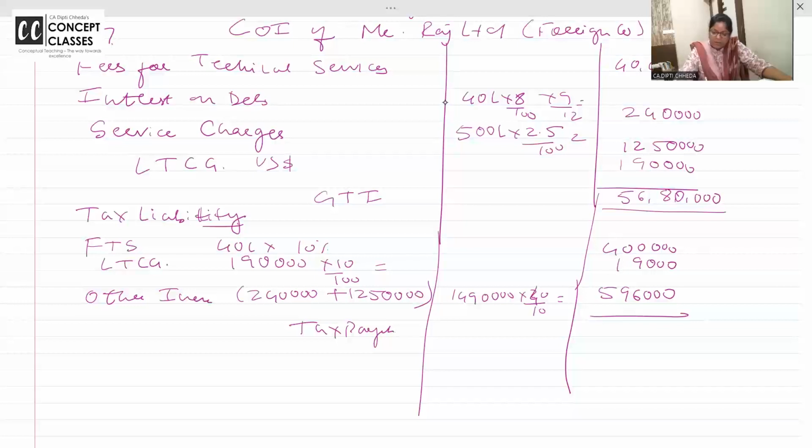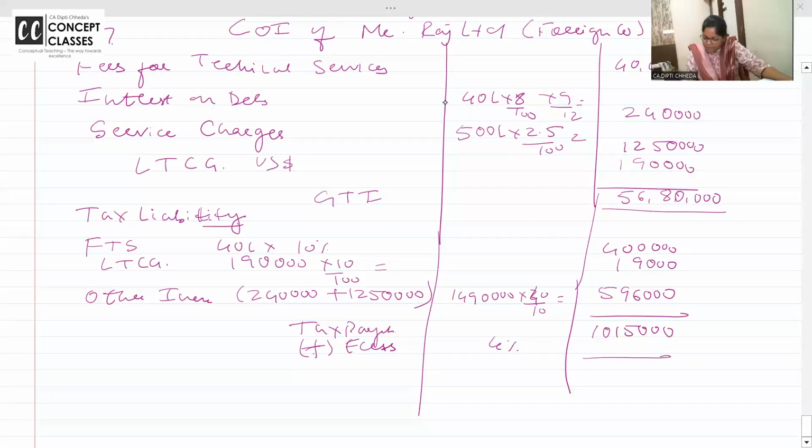Plus 10,000 plus royalty. On that, he says 4%.